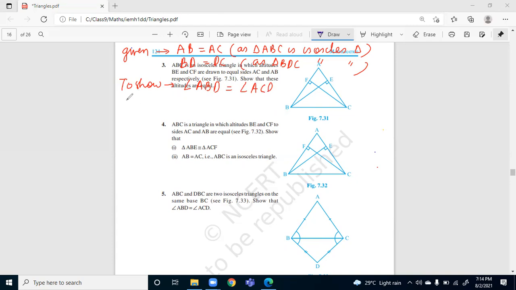So how should I prove it? So the proof is, whatever are the angles, I will take those triangles: triangle ABD and triangle ACD. So I have taken ABD triangle and ACD triangle. Okay. So for ABD triangle, I have to join AD. So first I will write, join AD.